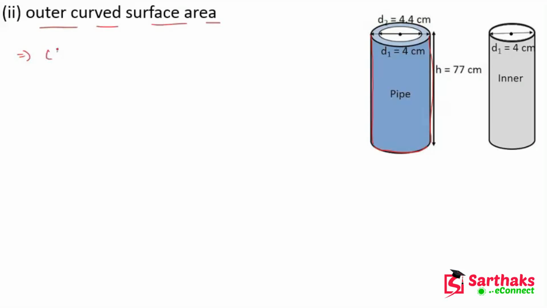So my dear friend, CSA of outer surface of pipe equals 2 pi into radius of the outer cylindrical pipe.